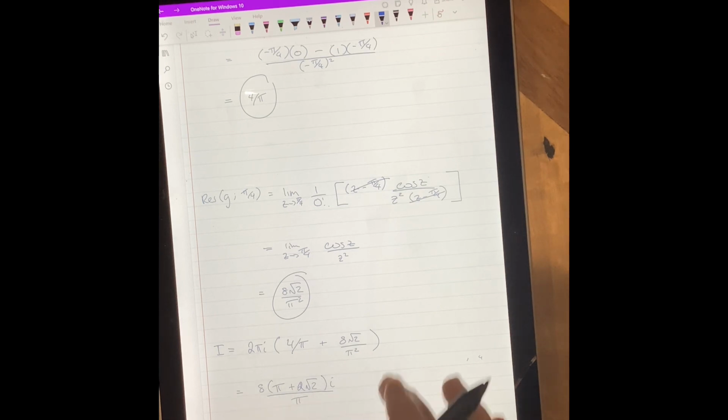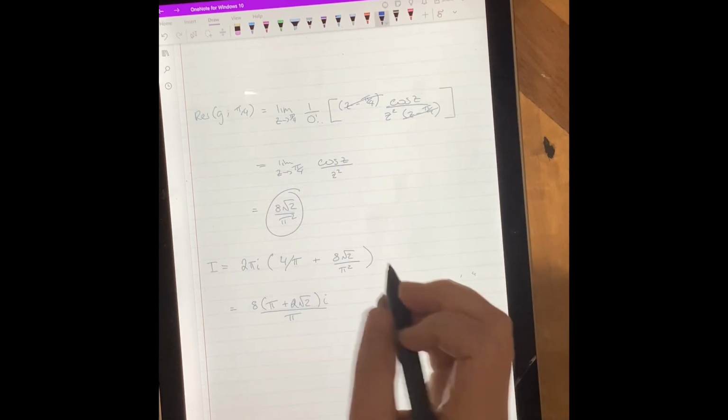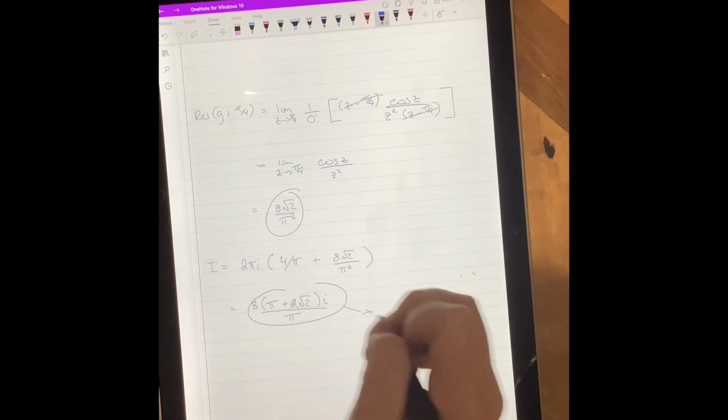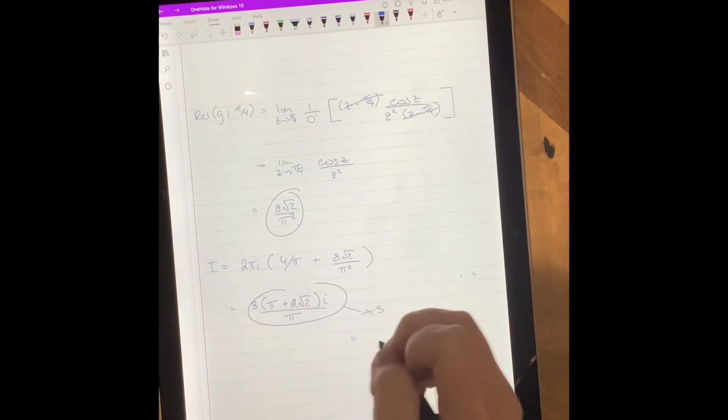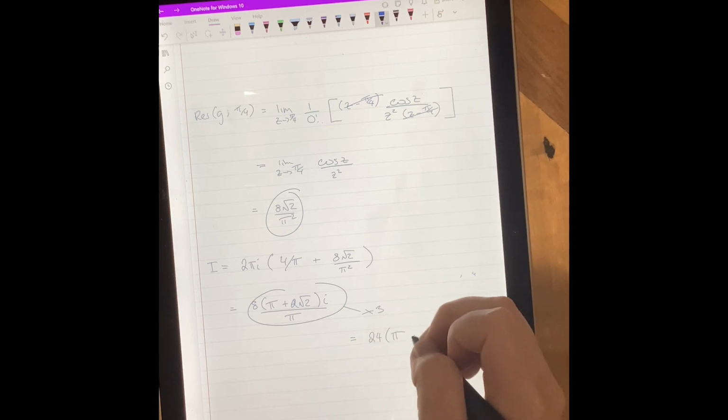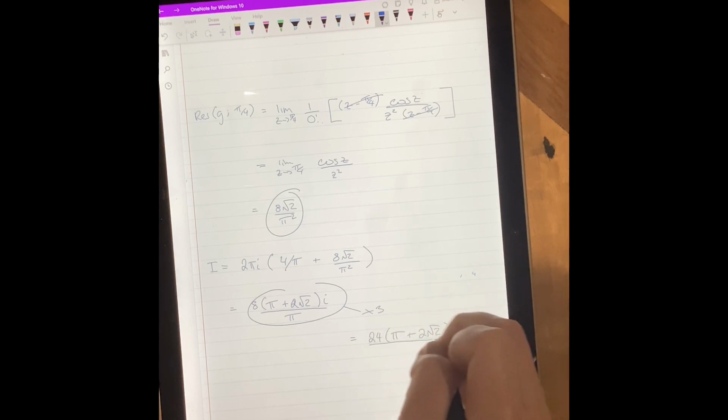So this is traversed once. So if we're traversing it 3 times, we just multiply this answer by 3, which gives us 24 plus 2 root 2 all over pi.